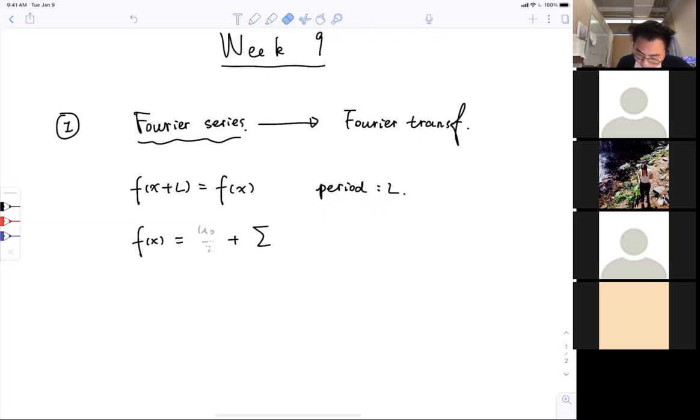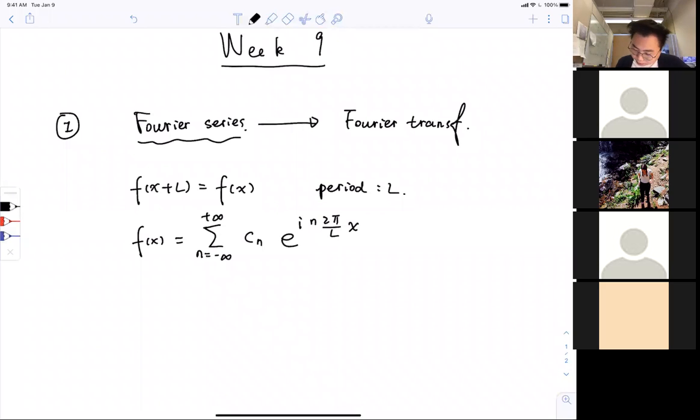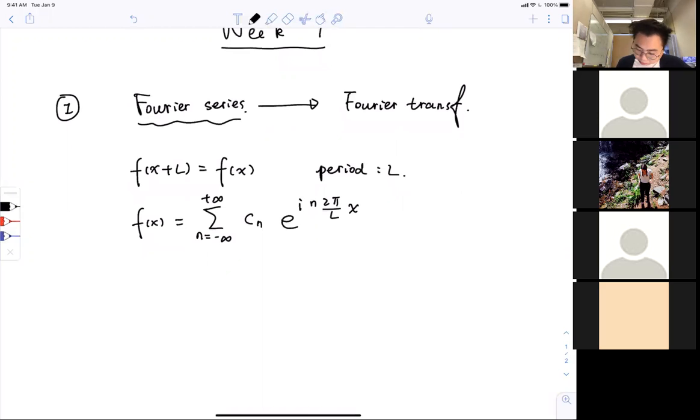Okay, so let's expand. We can also expand in this kind of exponential. It's easy to write down, so I just use 2 pi over L x and the Cn. Right? Here is 2 pi over L because the period is L instead of 2L. What else?